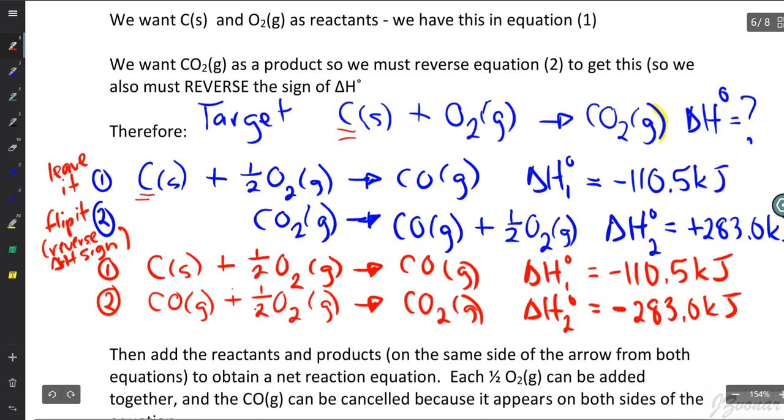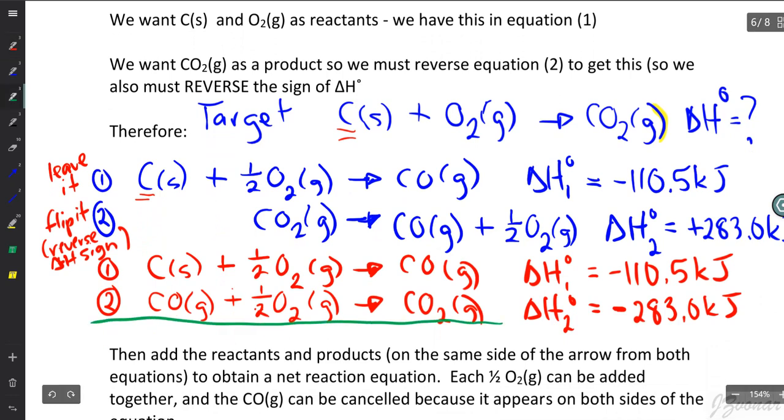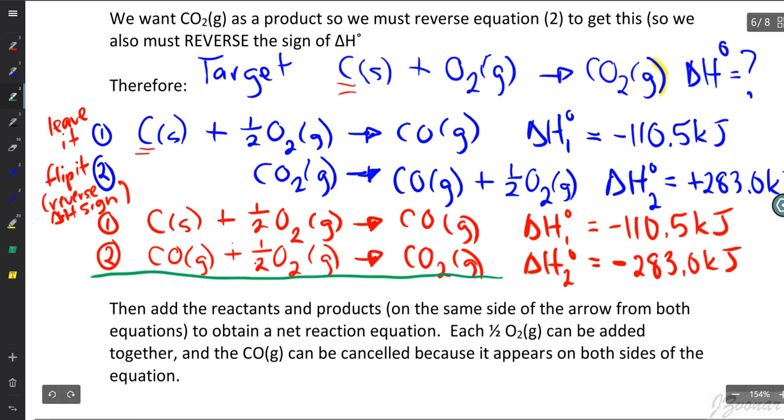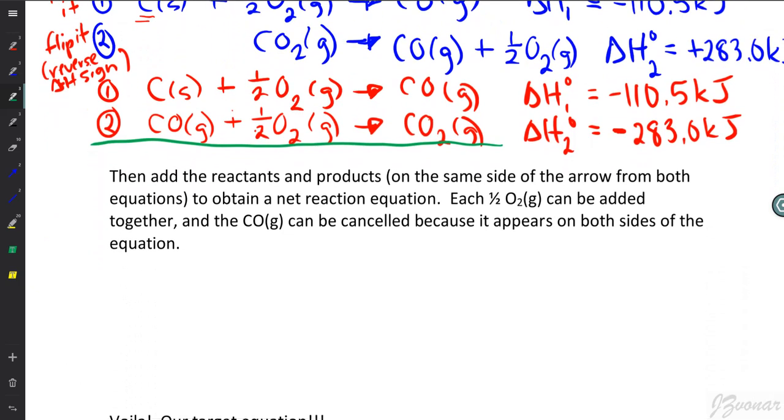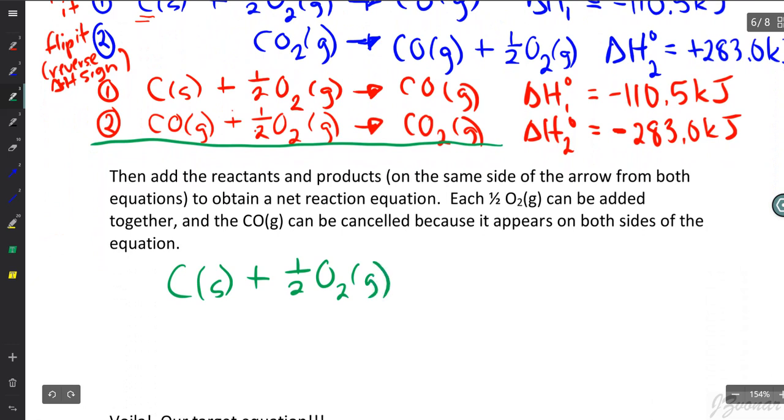All right, so now I can go ahead and add up my two equations and see if I get the target equation. All right, so now that I have those, I am going to rewrite them down below here because I'm running out of space. So let's rewrite them one more time. So these are my two new equations after I've manipulated them.